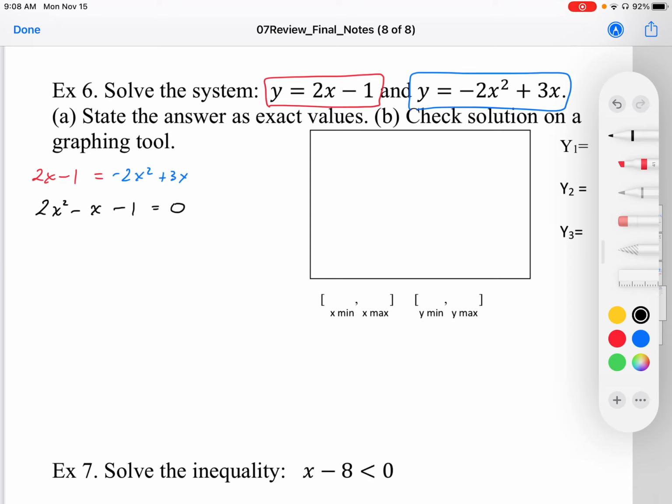I can try factoring this. If I sketch my little grid here, 2x squared, negative 1. Two numbers that multiply to negative 2 and add to negative 1 are positive 1x and negative 2x. So I get 2x plus 1, x minus 1. So there's my factored form.